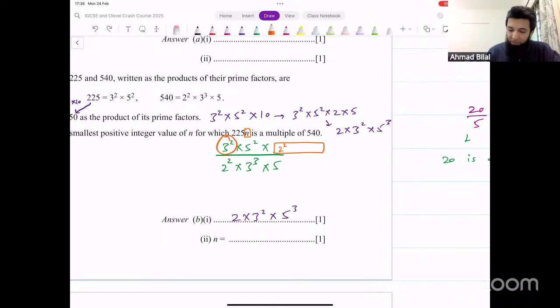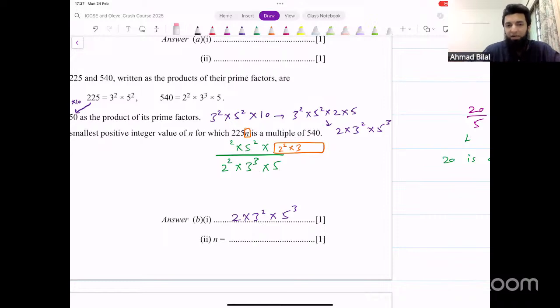What about 3 squared? We have 3 squared there and we have 3 cubed here. If we want to cancel out the whole of this 3 cubed so that the result turns out to be an integer, we need a 3 cube in the numerator. Right now we have 3 squared in the numerator. We want 3 cube. What do we multiply it by? To get 3 cube, we multiply by 3, and that would give us 3 cube in the numerator so that it gets cancelled with 3 cube in the denominator.